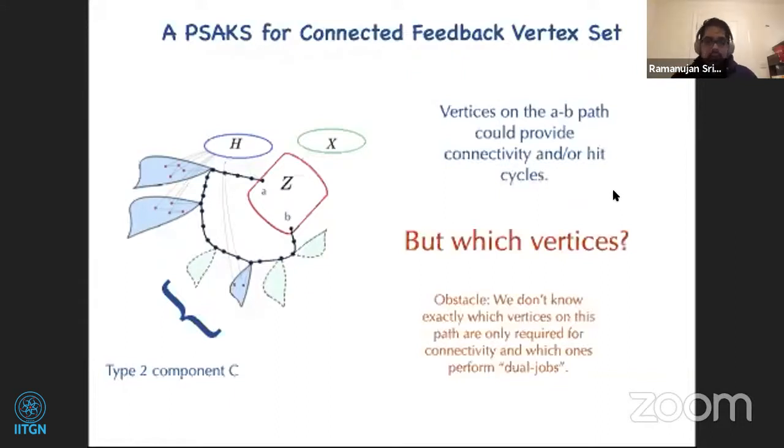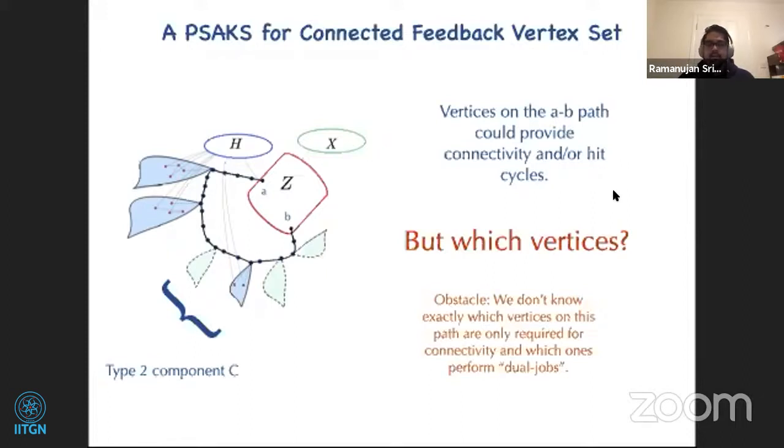Now the question remains, which vertices? Different vertices on this path could have different utility, so to speak. So it's not clear which ones are more useful than others. But one thing I would encourage you to notice, if you haven't already, is that as far as hitting cycles goes, it doesn't matter which vertex you pick on this path. They will all hit any cycle that uses this subpath.